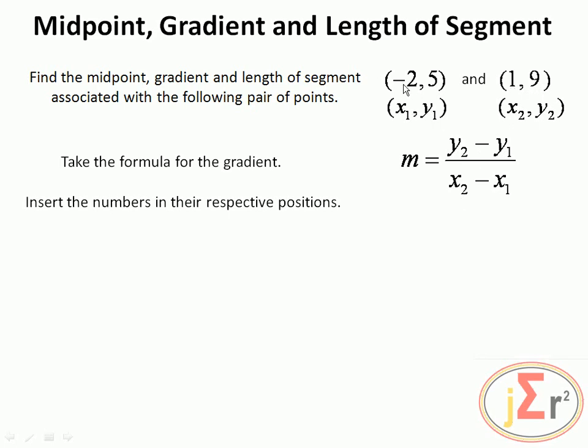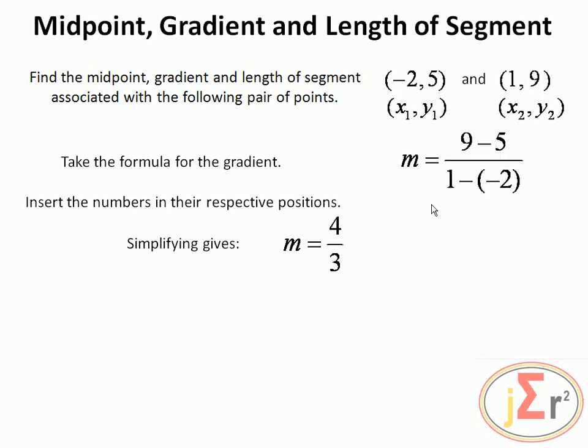And x1 is negative 2, and it will go right there. So that's all we need to do. And as usual, it's a matter of arithmetic. 9 minus 5 is 4, and 1 minus negative 2. Do not forget these consecutive signs. They are like signs, so we replace them with a positive sign.